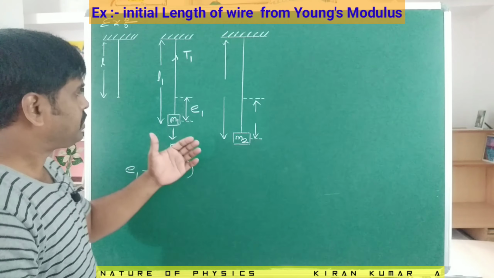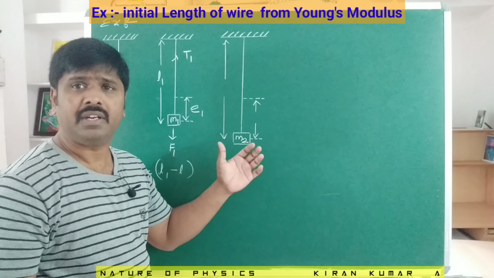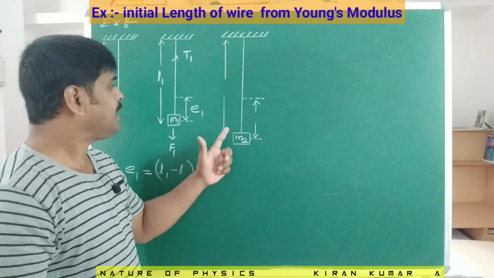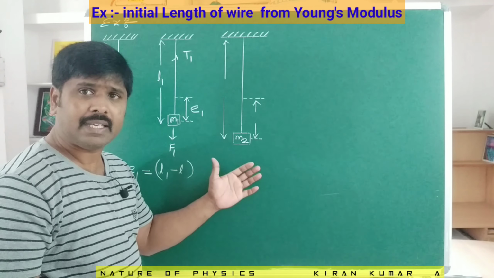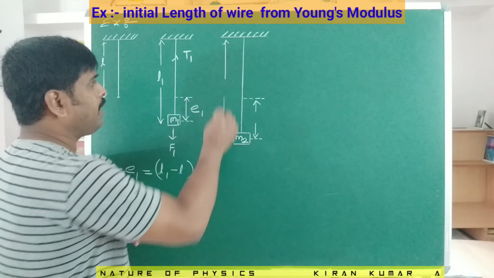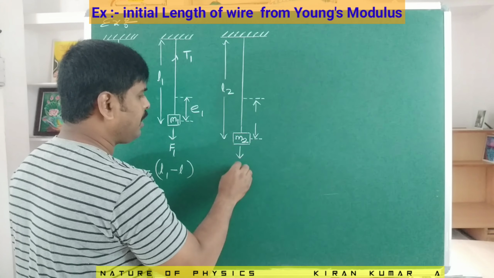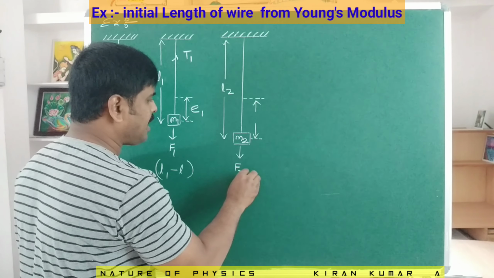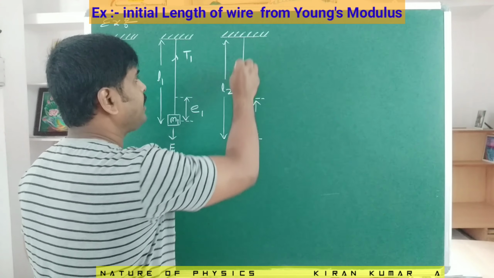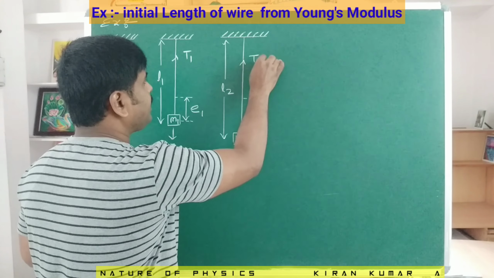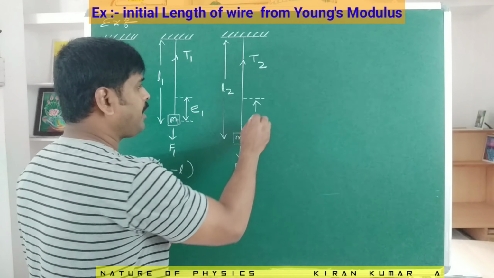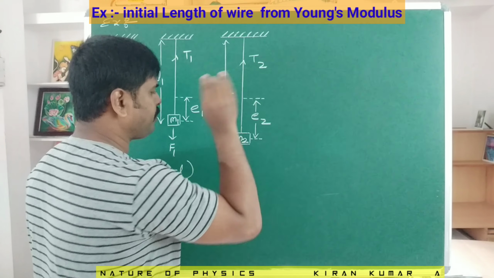Next, second situation, here the load is increased, that is, the mass is increased. That's why the elongated length is L2 and the corresponding load is taken as F2, tension in the wire is T2, and elongation is E2.